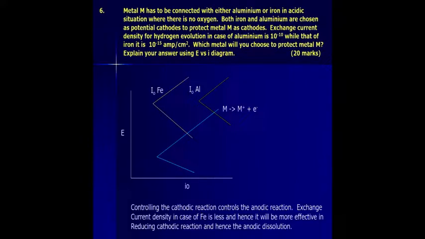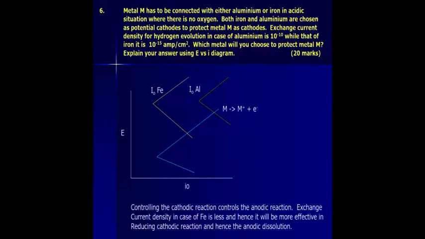So I'm specifying that you want to save metal M. So metal M is the one which is going to corrode, and you want to minimize the corrosion of metal M by combining with aluminum or iron, and the atmosphere is acidic situation and there's no oxygen.